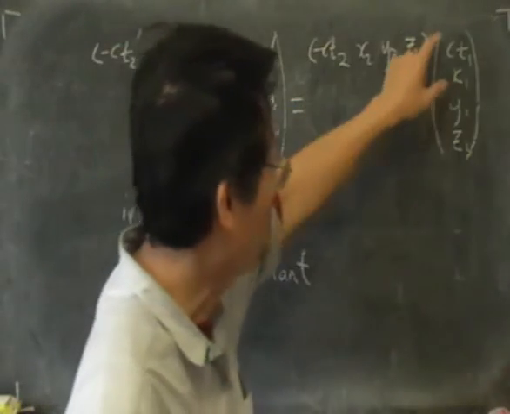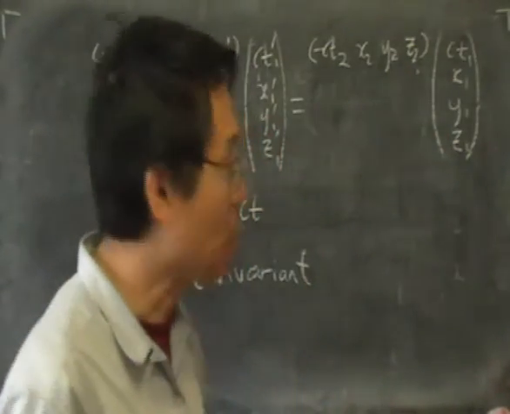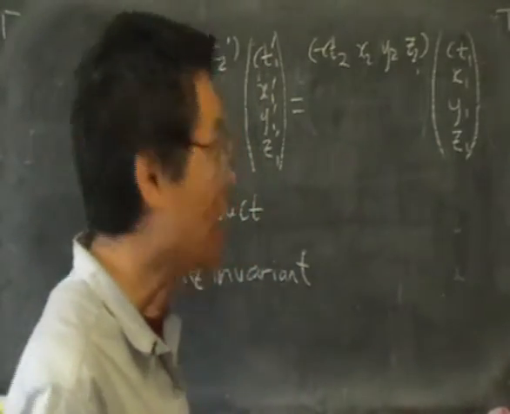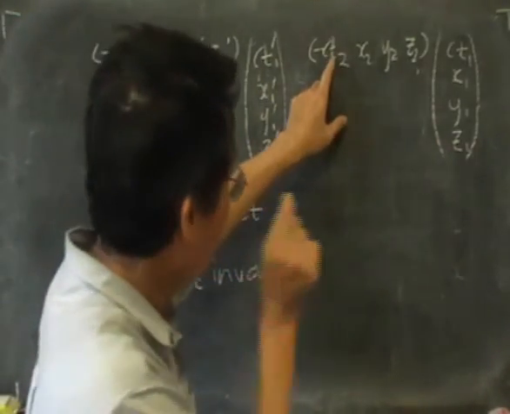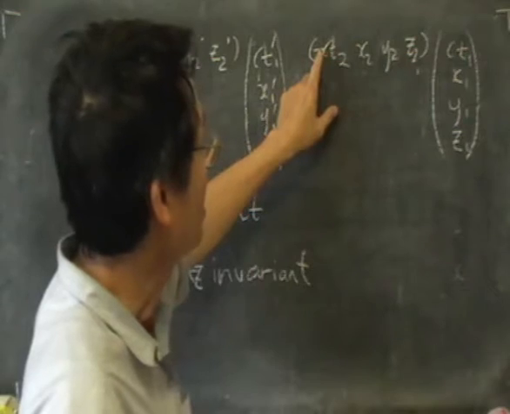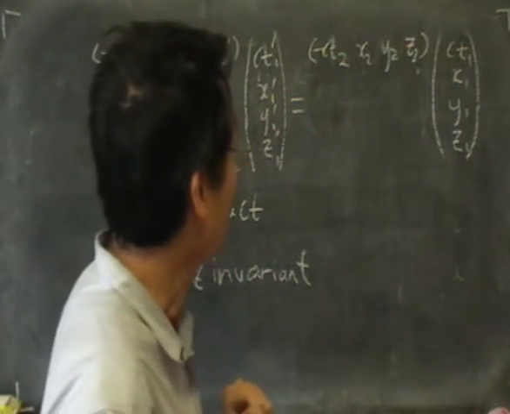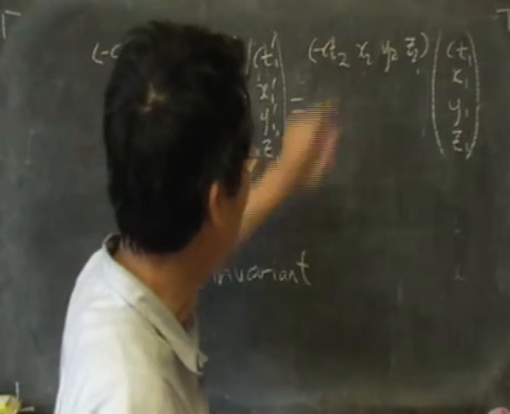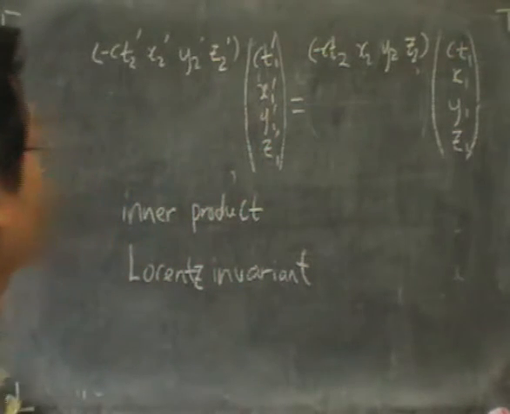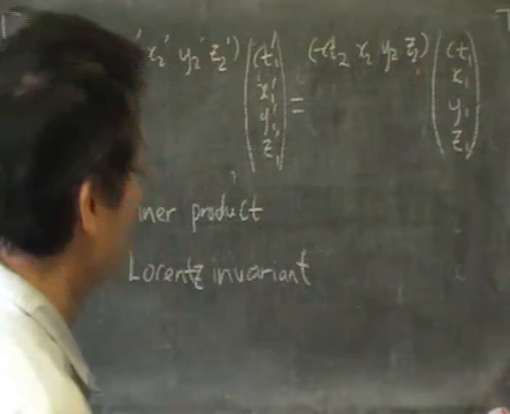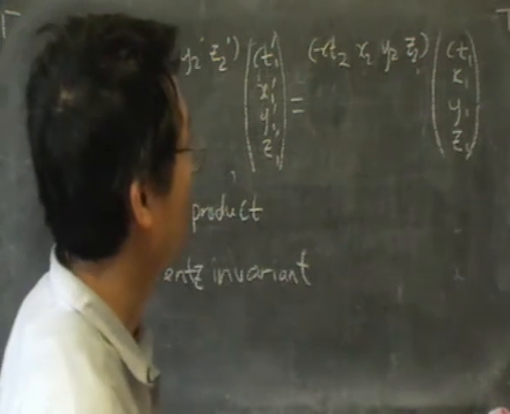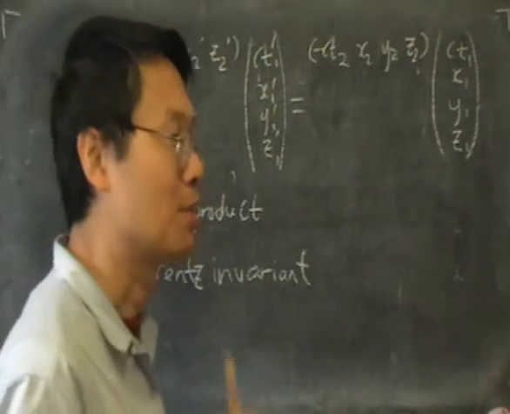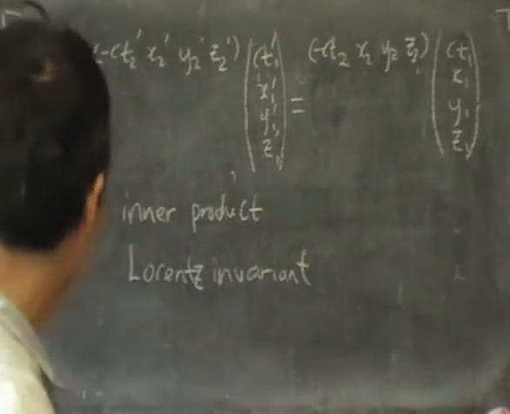It would be almost as if you are doing a dot product with vectors that have 4 coordinates, except that for the ct term, you must insert a minus sign. So you can still do the calculations as if you are doing the normal dot product calculation.